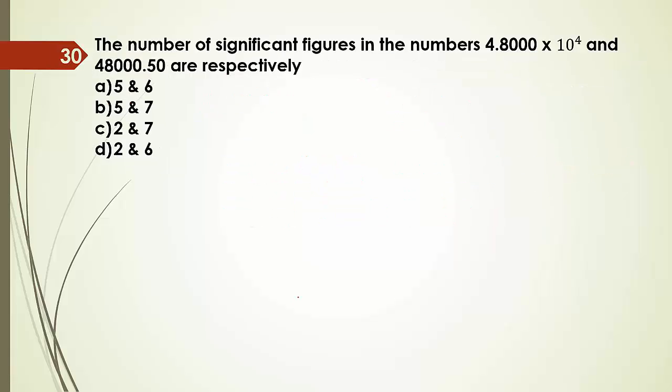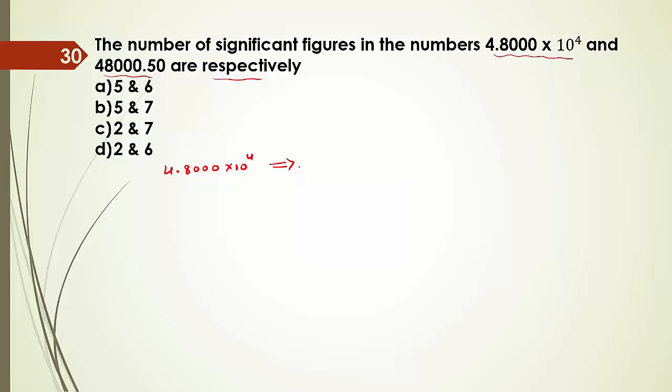30th question. The number of significant figures in the numbers 4.8000 into 10 raised to 4 and 48,000.50 are respectively. Which are the numbers here? The first number is 4.8000 into 10 raised to 4. We are not going to consider the power of 10.